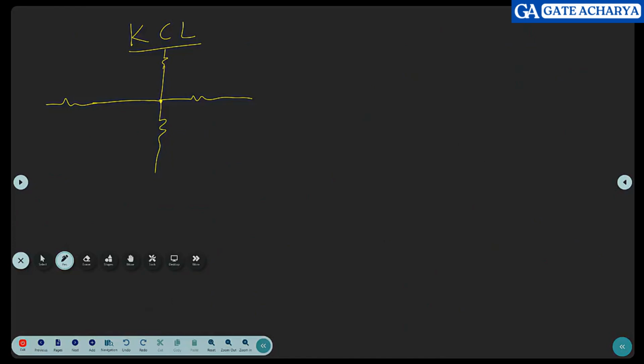What is the fundamental, where is this coming from? The whole of circuit theory comes from field theory. In field theory, there is something called continuity equation. You go back, look into it. From that continuity equation only KCL comes. I'll just make a note here. KCL comes from continuity equation, which is in the field theory.